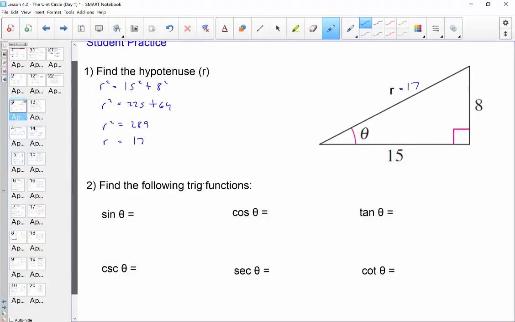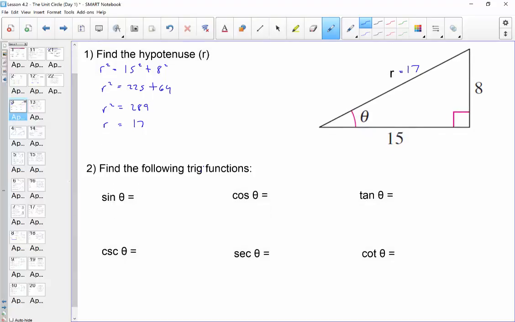Now we can find the six trigonometric functions. We know that the sine of theta is equal to opposite over hypotenuse, which equals 8 over 17. The cosine is equal to adjacent over hypotenuse, which is equal to 15 over 17.